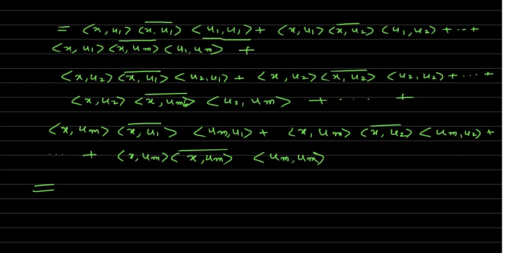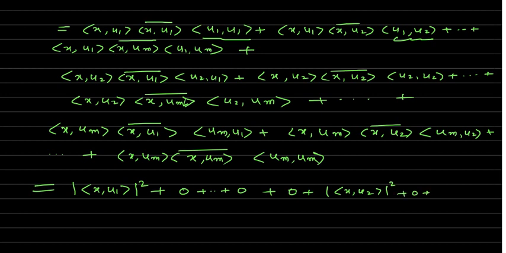Okay, so this one is a complex number, and the product of a complex number with its conjugate is the mod square, so it's mod inner product x u1 square, plus this term will be 0 because this one is 0, plus 0. Okay, that is the first one. Plus the second one, in this the first term will be 0 and the second term will be mod inner product x u2 square. Okay, plus the remaining terms will be 0 in that as well.